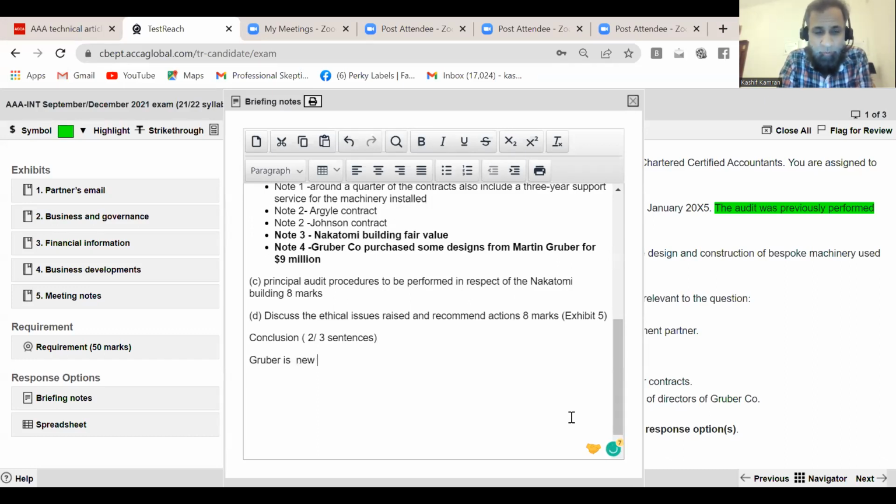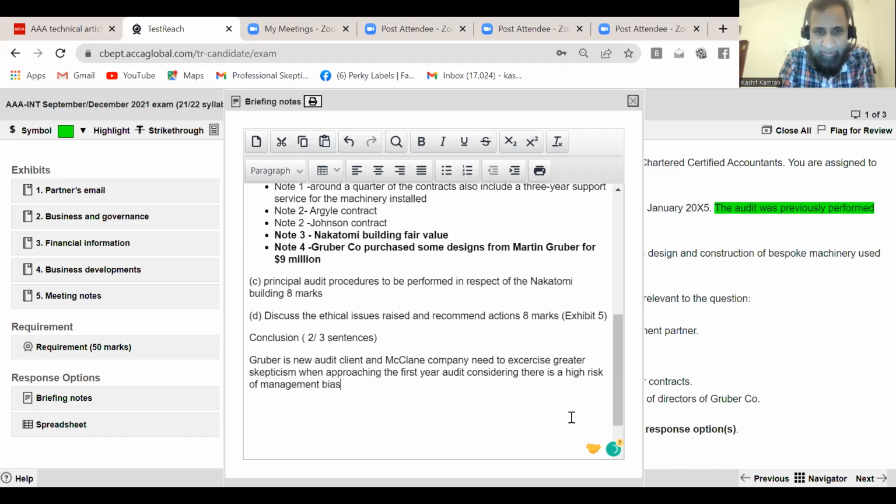Grubber is a new audit client, and the McLean company needs to exercise greater skepticism when approaching the first year audit, considering there is a high risk of management bias, full stop.